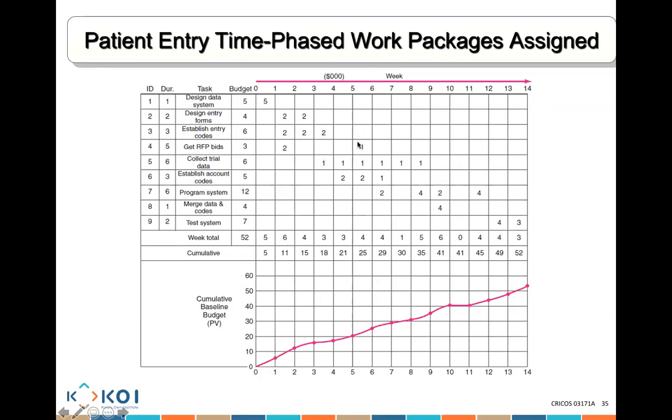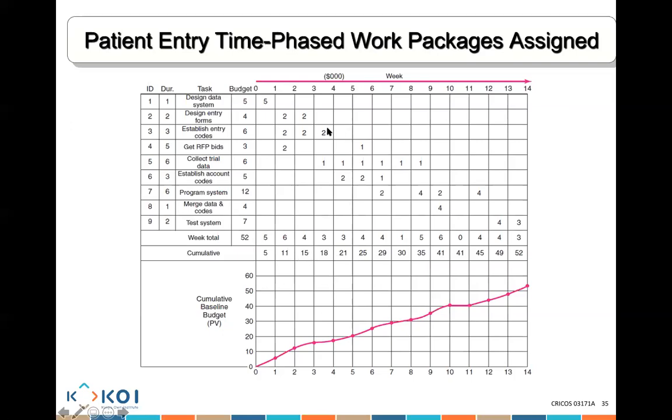So when you actually do this plan, you can notice in week 1, the total I need is $5. And week 2, I need $6. 6 plus 5 is $11. And week 3, I need another $4. 4 plus 11 means cumulatively I have a cost of $15.